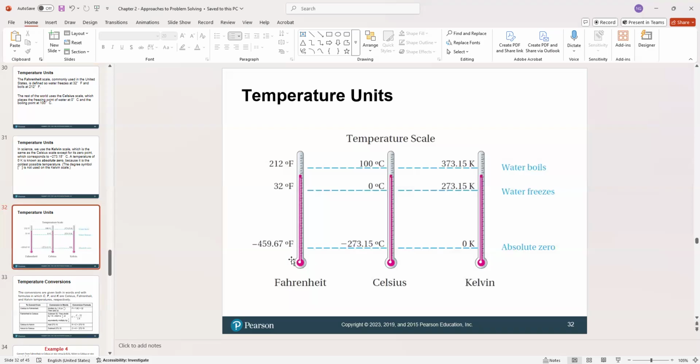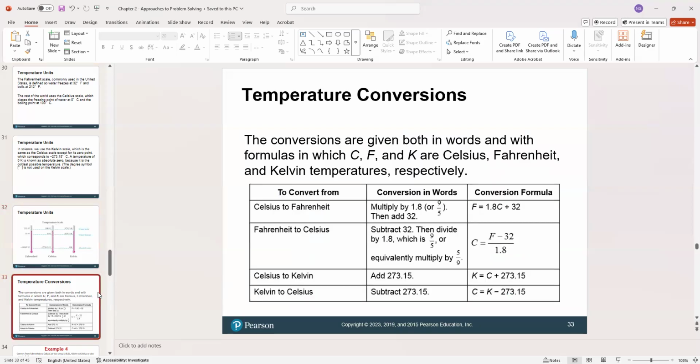Now, we said the definitions of these three temperature scales are in these tables. You can convert from Celsius to Fahrenheit, from Fahrenheit to Celsius, from Celsius to Kelvin, or from Kelvin to Celsius.